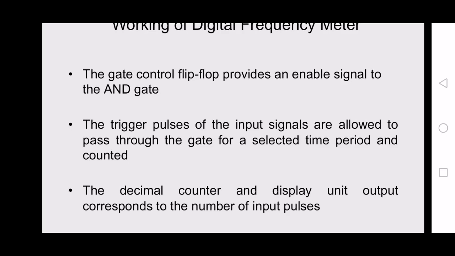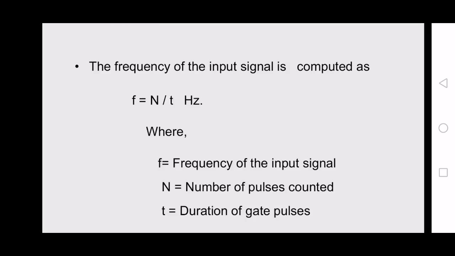Between enable and disable, the trigger pulses of the input signal are allowed to pass through the gate for the selected time period and are counted. The decimal counter and display unit output corresponds to the number of input pulses received during that precise time interval, hence the counter display corresponds to the frequency.